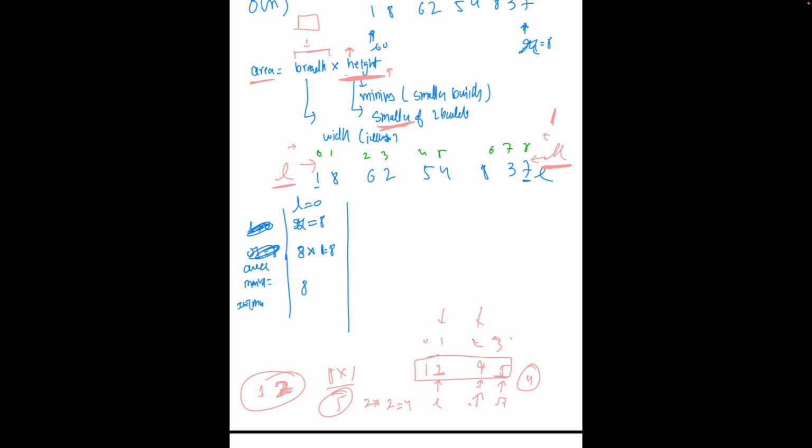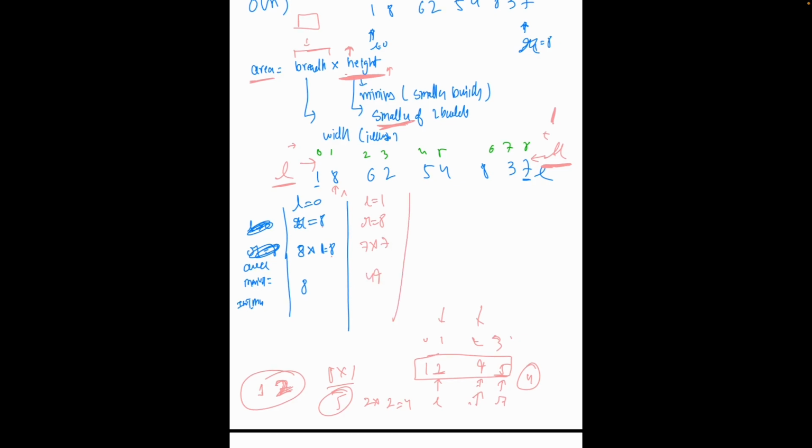So in this case, if L equals 0, R equals 8, we check the area, the maximum area becomes 8. Now we need to move here. L becomes 1 and R still remains 8. Here 8 minus 1 is 7, and 7 times 7 becomes 49.